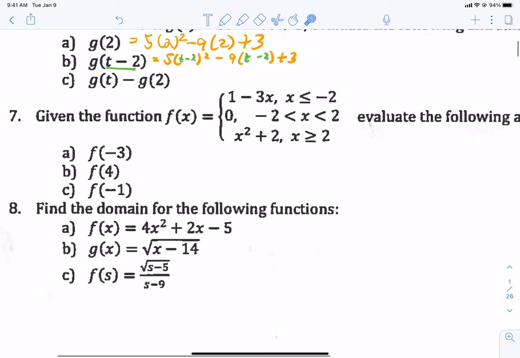So if we look at our first function, -3, which function do we input it into? The top, the middle, or the bottom if our x value is -3? Which part do we input it into?